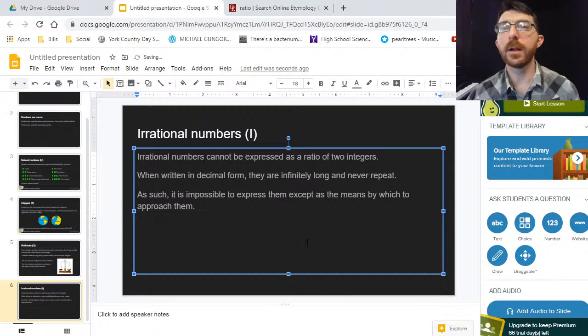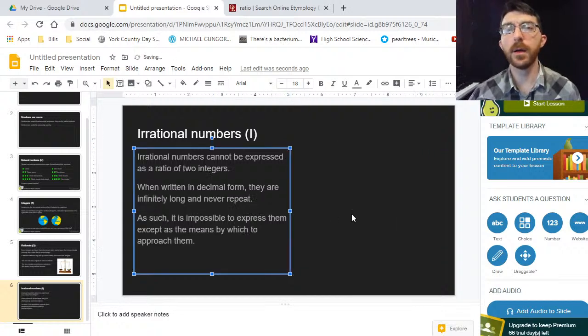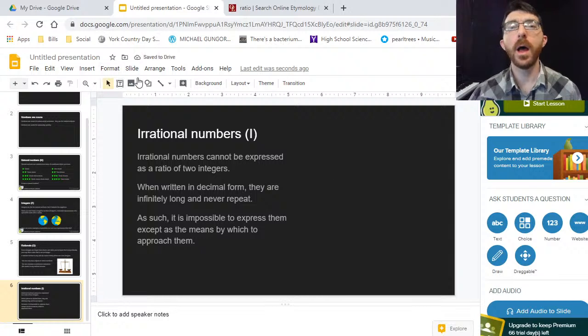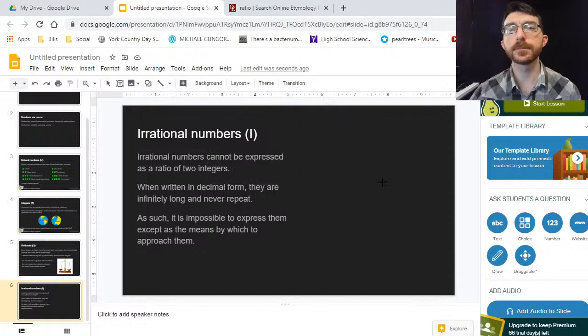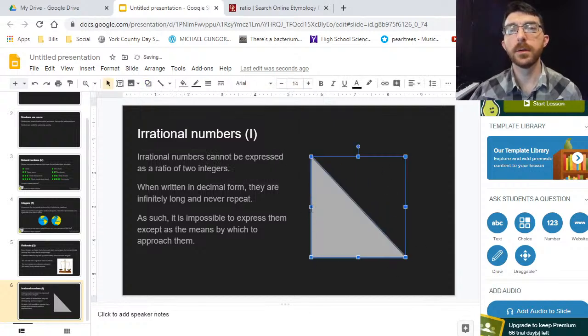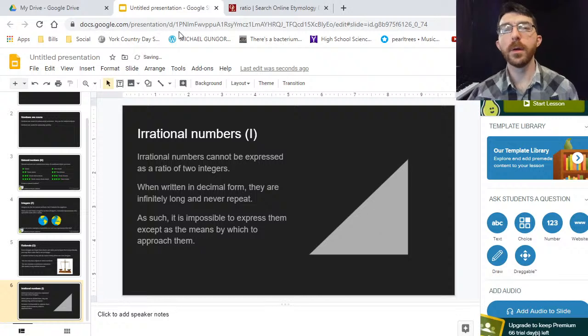All right, so I think that'll just have to do. Oh, okay. So here's what I'll do. Shapes. Let's draw a right triangle. Be isosceles, and I'll just put a couple labels here.